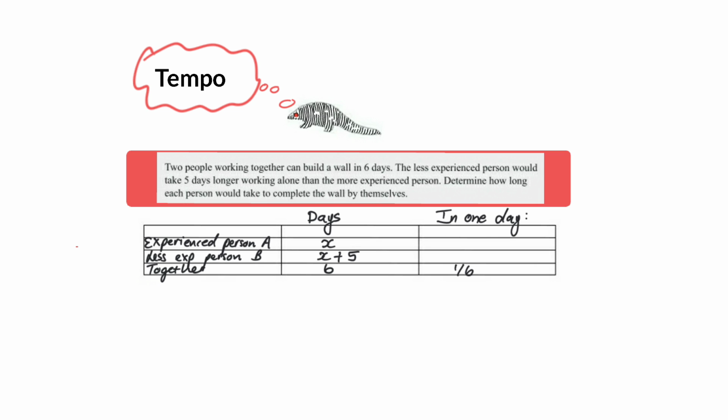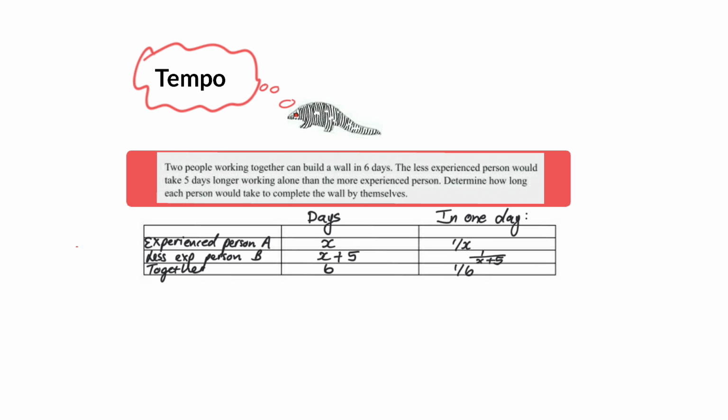In 1 day, person A, who builds the wall in x days, will build 1/x of the wall. And in 1 day, person B will build 1/(x plus 5) of the wall. So we're taking all of their work to 1 day, seeing which portion of the work they will be able to do in 1 day.